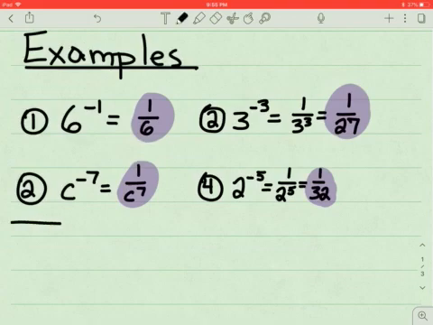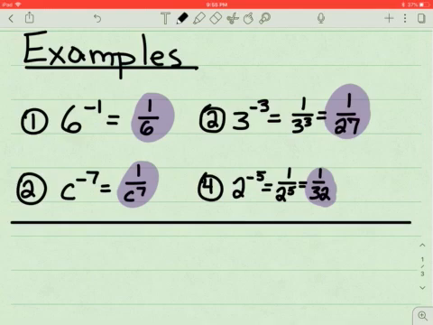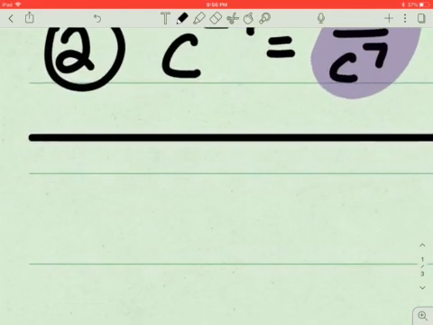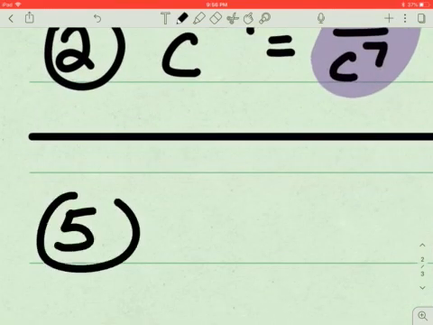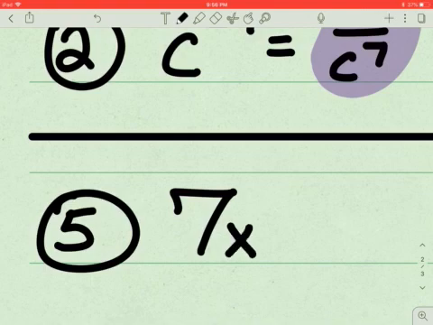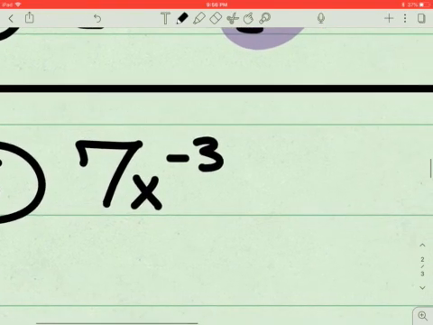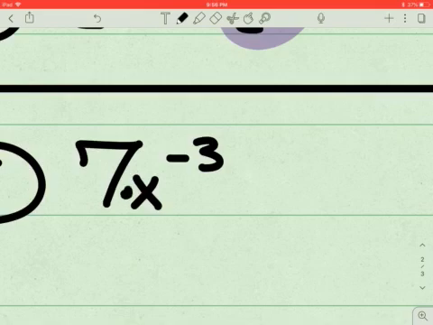Sometimes we'll have more than one term in your expression. You might have something like 7x to the negative 3rd. So those are two separate terms there, and remember we can think of this as 7 times x to the negative 3rd.